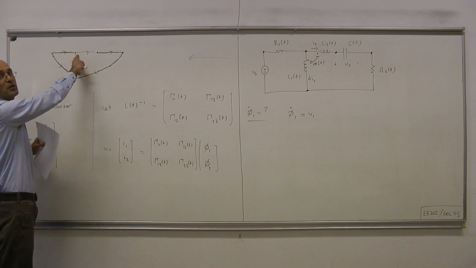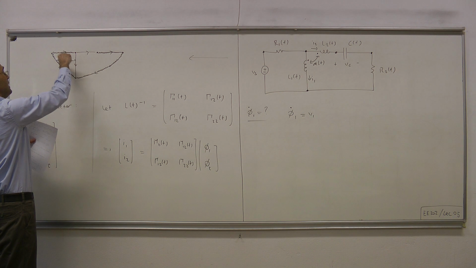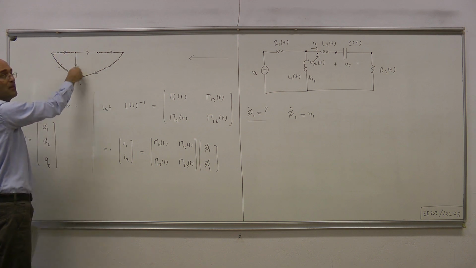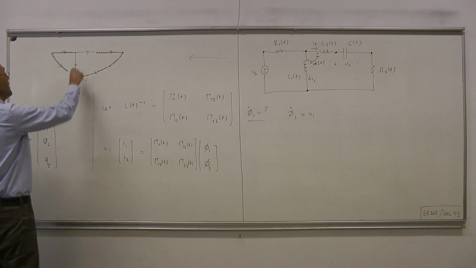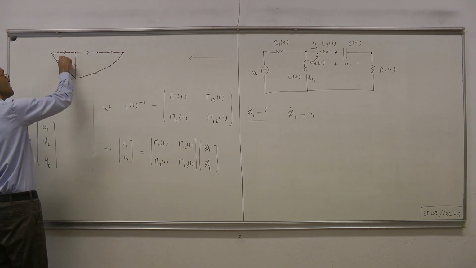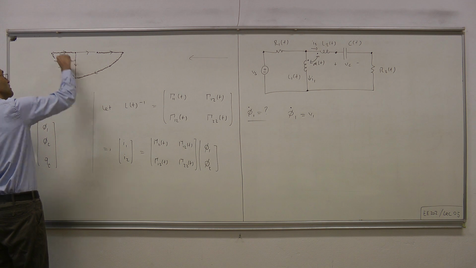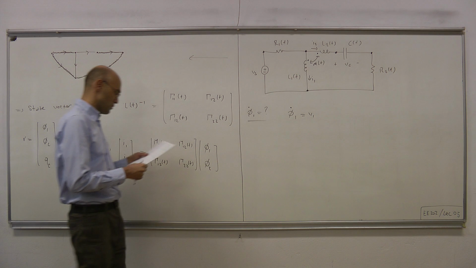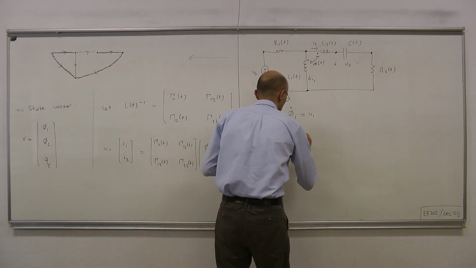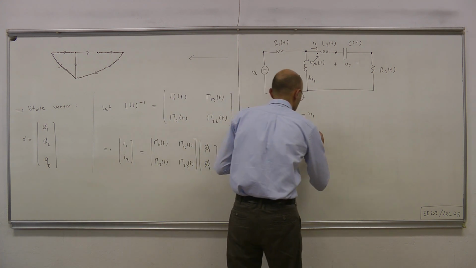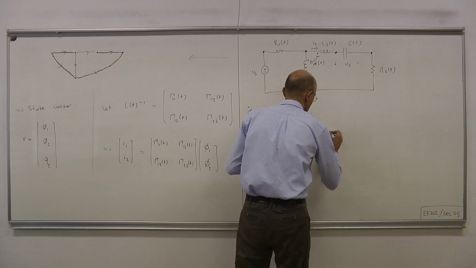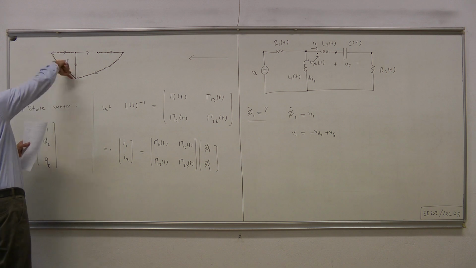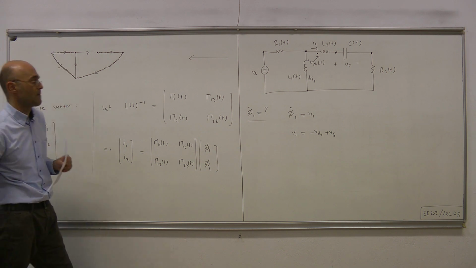Okay, this is V1 we're talking about. So let's write KVL in the fundamental loop defined by this quaternion branch. That means this voltage minus that plus this voltage plus minus, and plus this voltage plus minus must equal 0. In other words, V1 equals minus VR1 plus Vs. Okay, this is Vs, this is VR1.